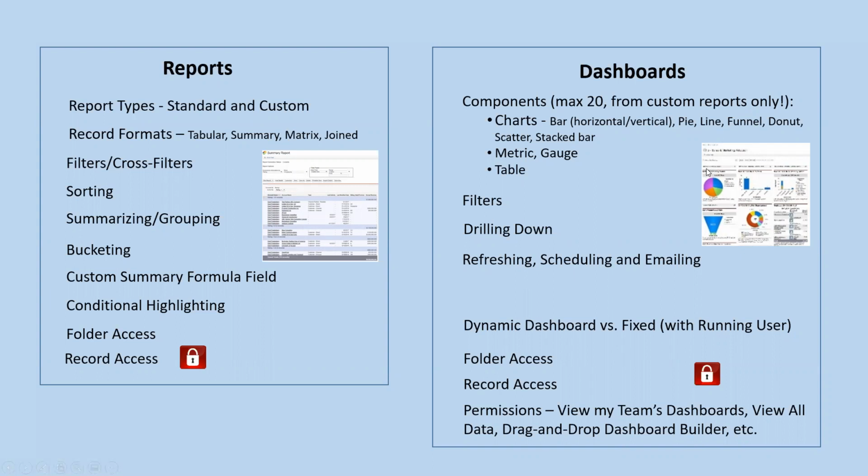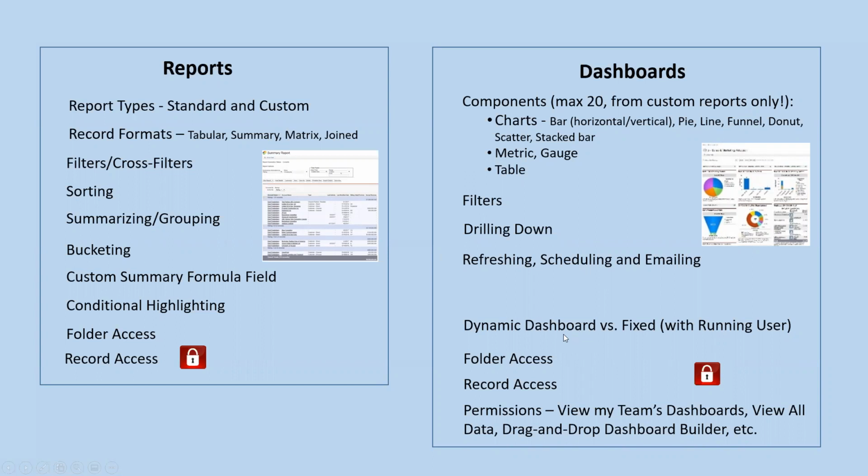So always take a look at the date when it was last refreshed. You may be looking at stale data. Go ahead and click the refresh button. It can take a little while for all of that to repaint to see the latest data. And you can schedule the dashboard to run and email a picture of the dashboard to specific users. You can also schedule reports to run and get emailed to specific users.